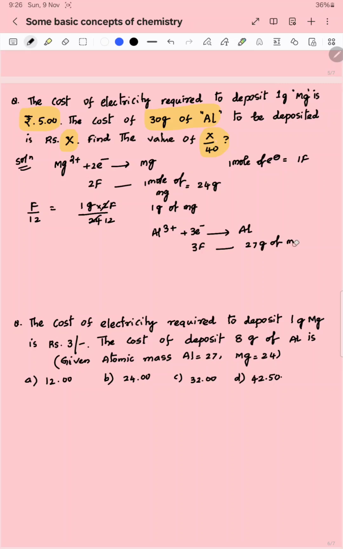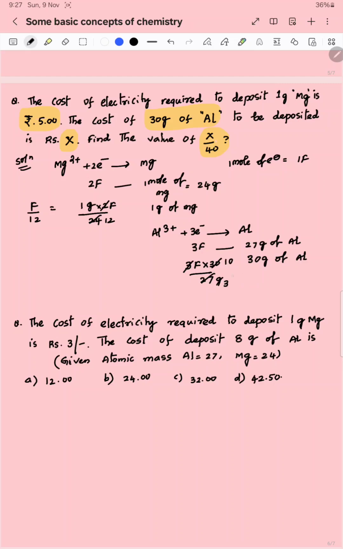But the question is asking 30 grams of aluminium. So unitary method: 3 Faraday into 30 divided by 27, right? So 3 1s are 3, 3 9s are 27, so 3 10s are 30, 3 3s are 9.